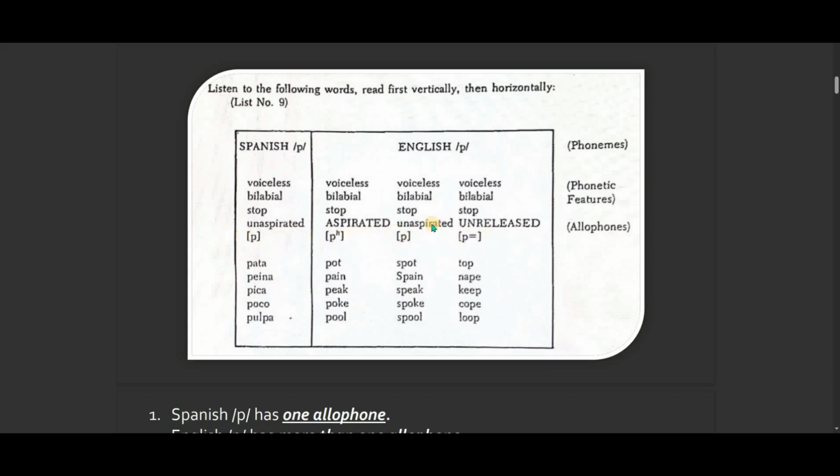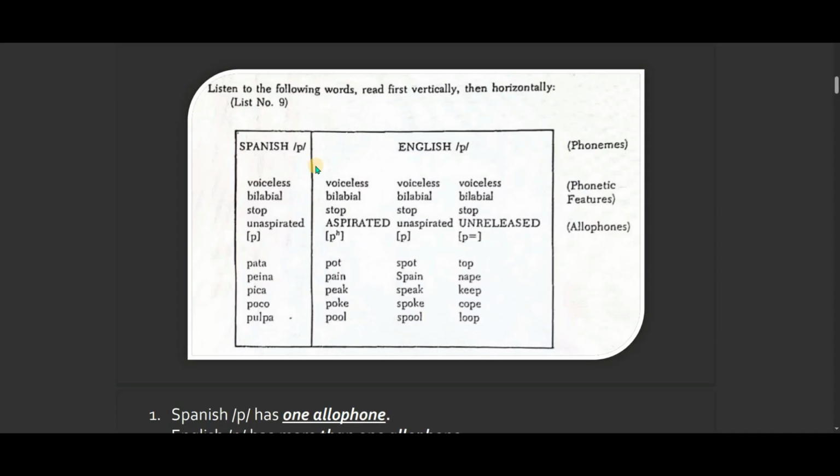So for the Spanish phoneme P, or the letter P, we can tell that it only has one allophone, which is a voiceless bilabial stop unaspirated.